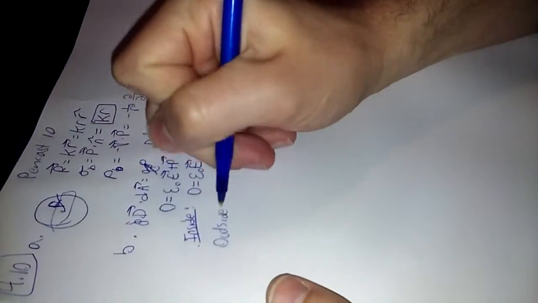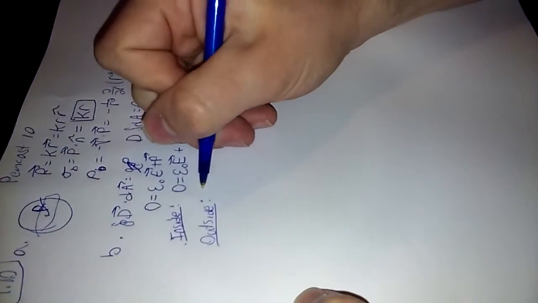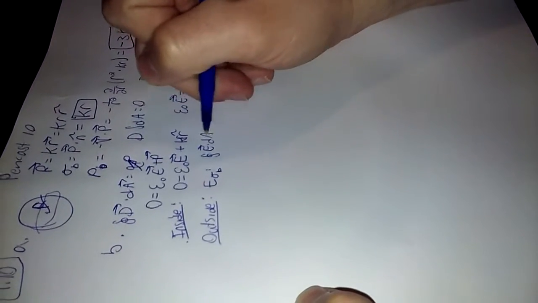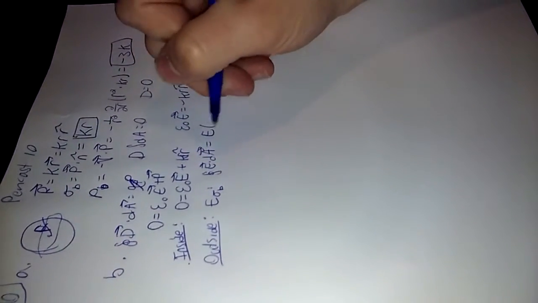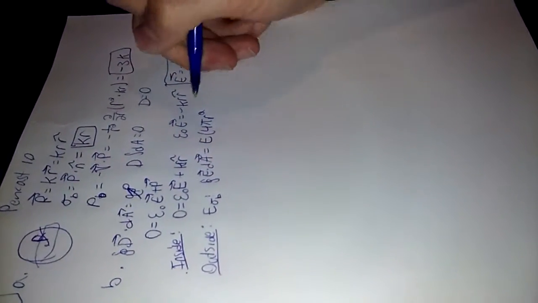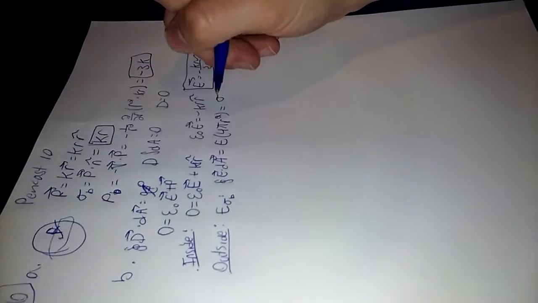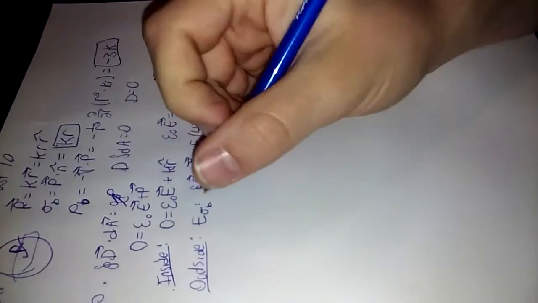Outside, we need to find the two different electric fields, one from the surface bound charge, sigma bound. So the integral of E dot dA gives us E times the integral of dA, which is just going to be 4 pi r squared. And then we have Q over epsilon naught, which is sigma times 4 pi r squared over epsilon naught.